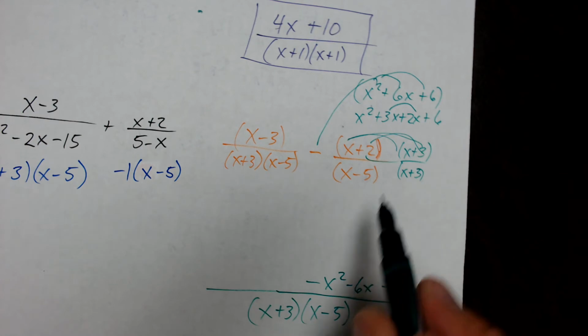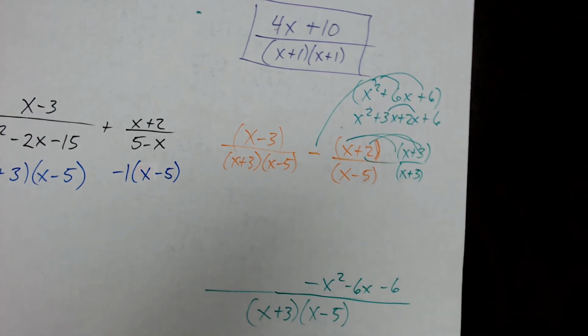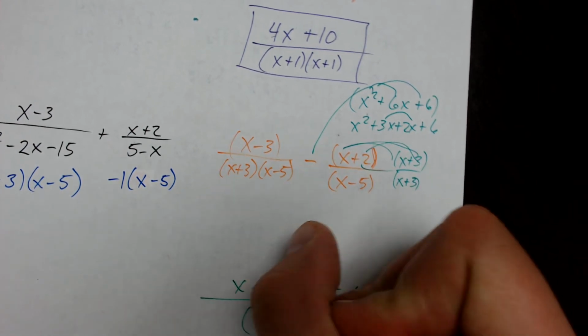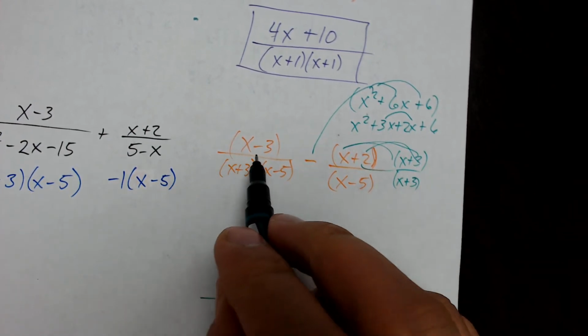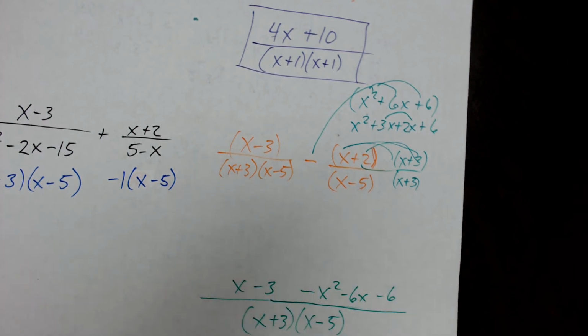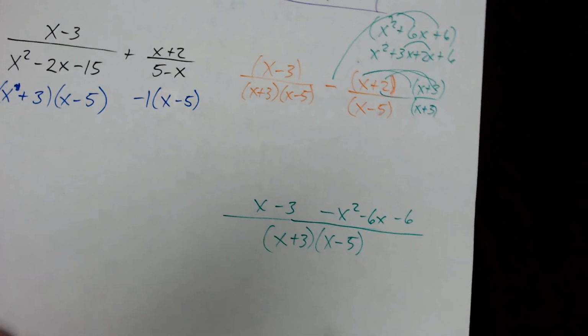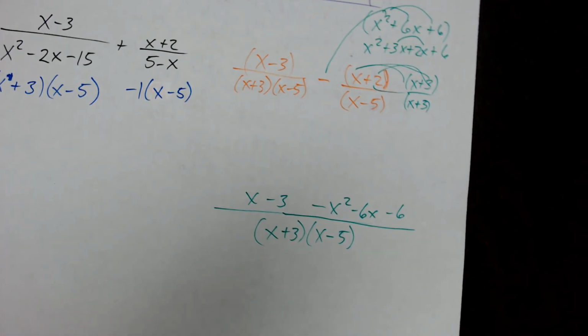So this negative changes the signs of all 3 of these in the numerator. So we really have to be careful with our negatives on these problems. The first numerator will stay the same. It's just going to become x minus 3, and those parentheses don't apply because there's no negative sign in front of it. So from here, all I'm going to do is combine like terms and then write my final answer.